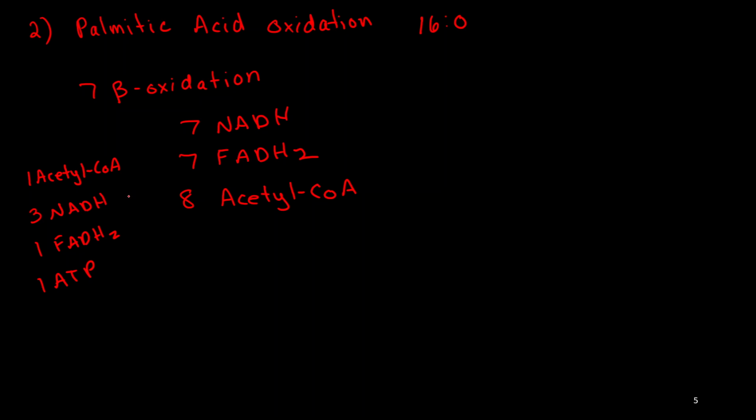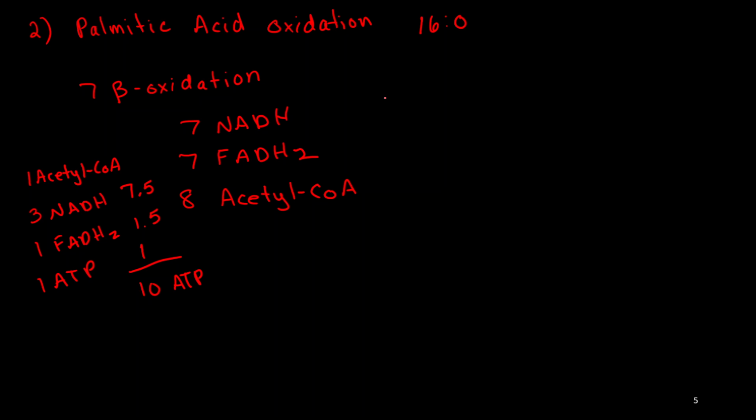So 3 NADH times 2.5 is 7.5. 1 FADH2 will give you 1.5. 1 ATP will give you 1. So you get 10 ATP from this.